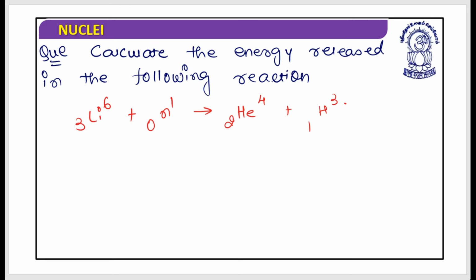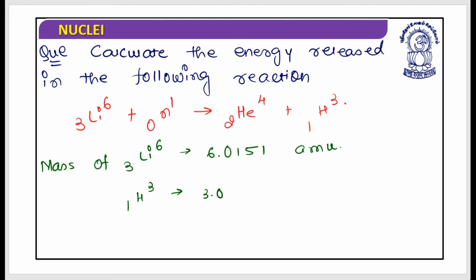They have given that mass of 3Li6 is 6.0151 AMU. Mass of 1H3 is 3.0160 AMU.